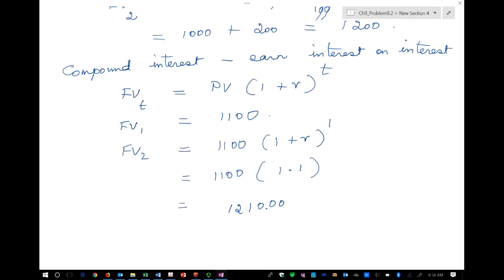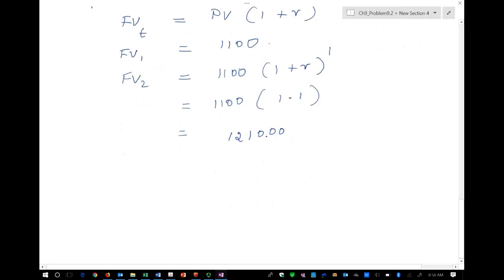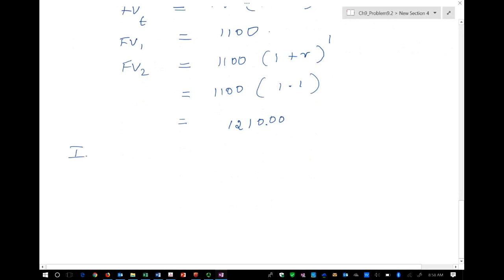So, in 1 year, using compounding, the interest on interest is equal to $1,210 minus 1,200, which is equal to $10. How do I get this $10?